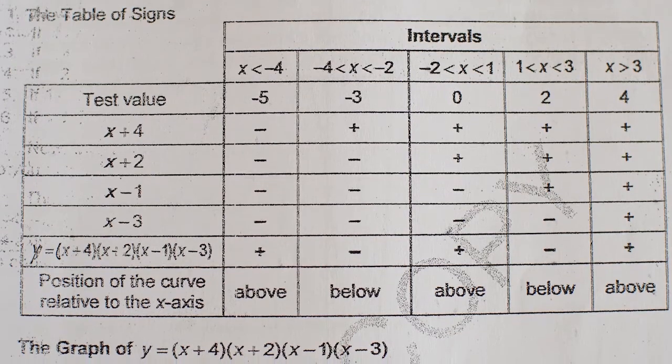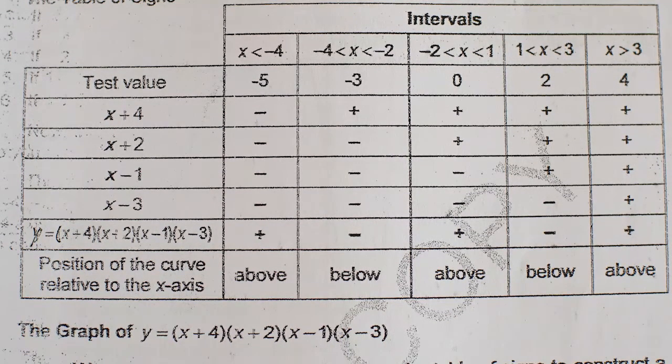And then we have the position of the curve related to the x-axis. Then we have the graph of y = (x + 4)(x + 2)(x - 1)(x - 3).